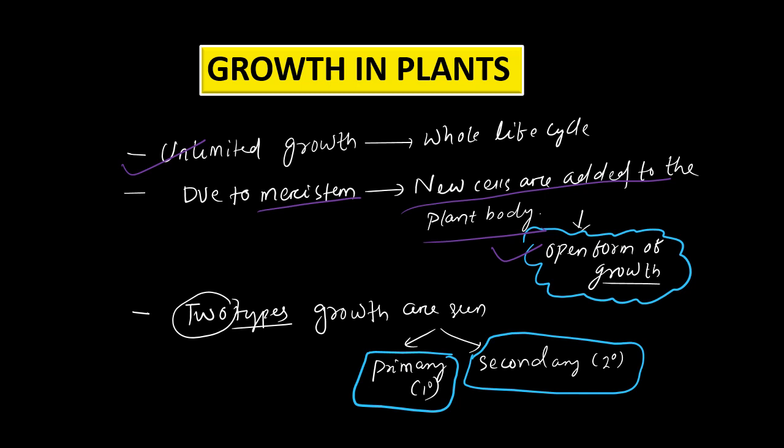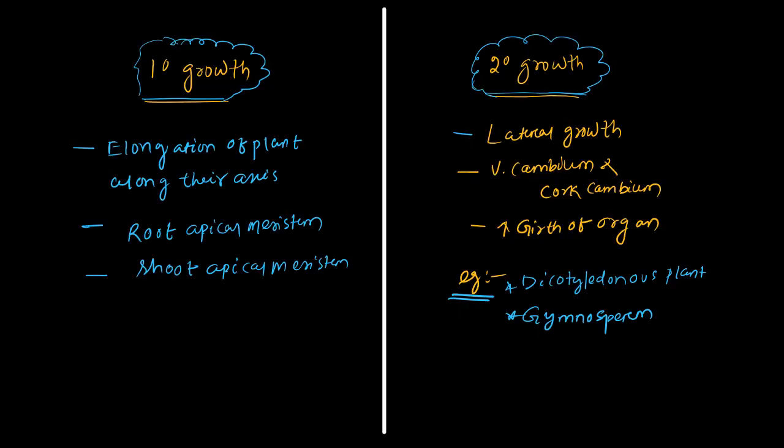The growth of a plant is of two types: primary growth and secondary growth. So what is primary growth? Primary growth means elongation of the plant along its axis.